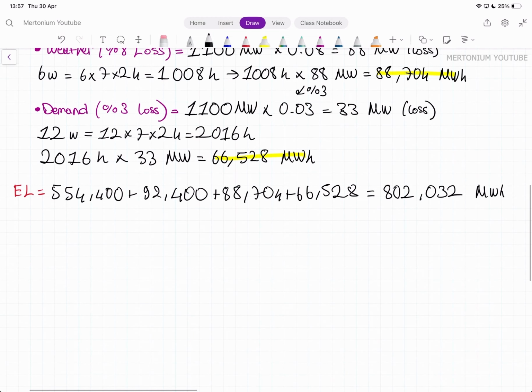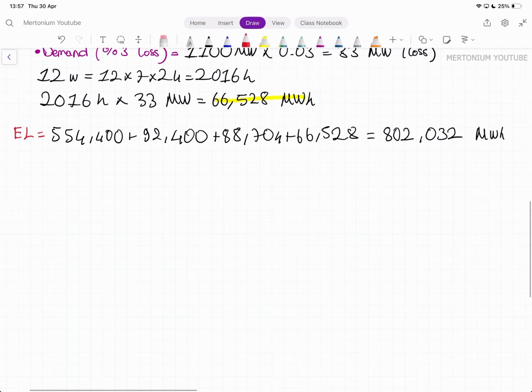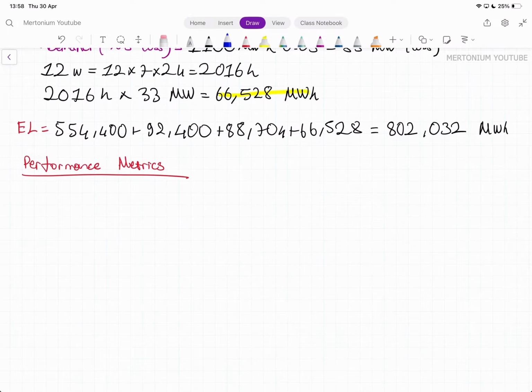Now we can start our performance metrics calculations. And why do we need these calculations? We need them because we want to see how our power plant actually performed during this one period of time. First metric we are going to calculate is energy generated. You can think of this metric as the total product delivered to the customers.